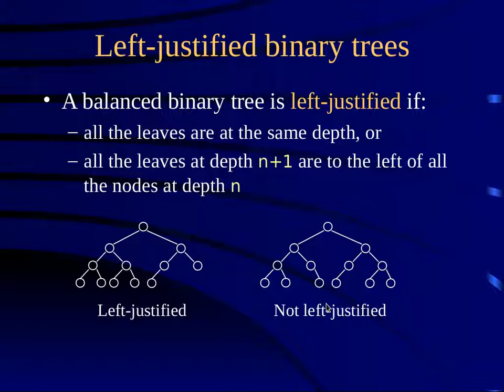So this one's not left justified, because some of the nodes need to be shifted over. So either all the leaves are on the same depth, or all the leaves at depth n+1 are to the left of all the nodes at depth n, aka all the nodes are to the left, hence left justified. You could say right justified would be the other way, but that ends up not being useful at all.